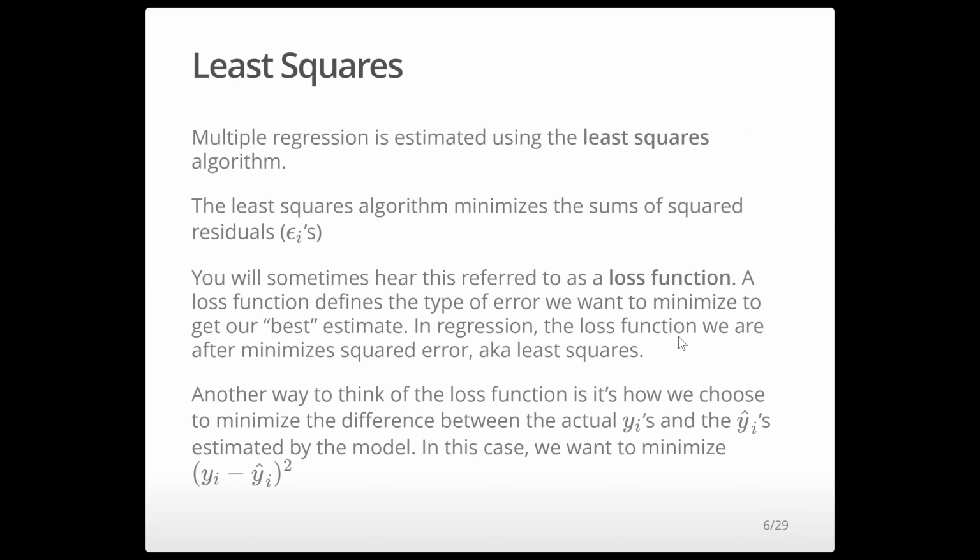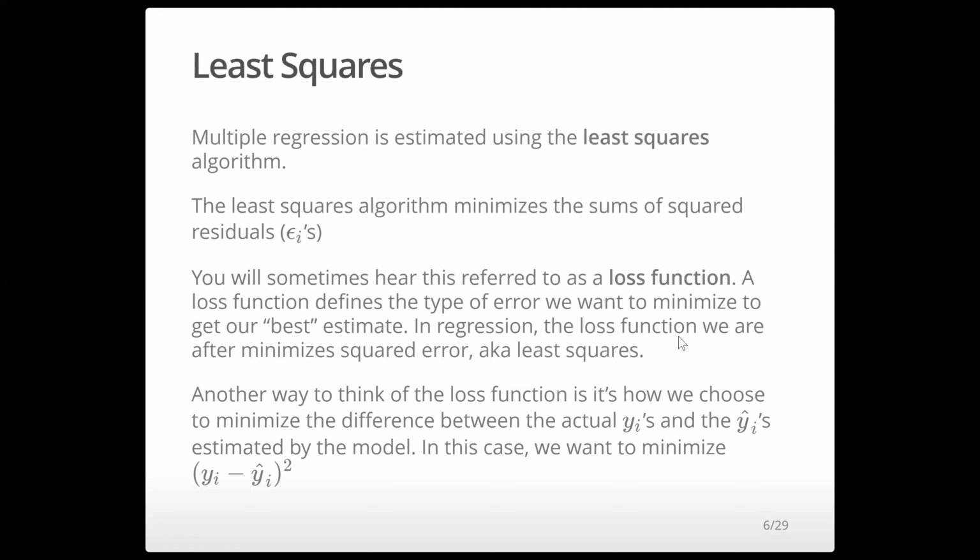So multiple regression uses a technique called least squares to estimate the parameters of interest. The least squares algorithm is a way of minimizing squared residuals, so the squared epsilons. You'll sometimes hear this referred to as a loss function. A loss function is the type of error that we want to minimize. It's how we define what our best estimate is.